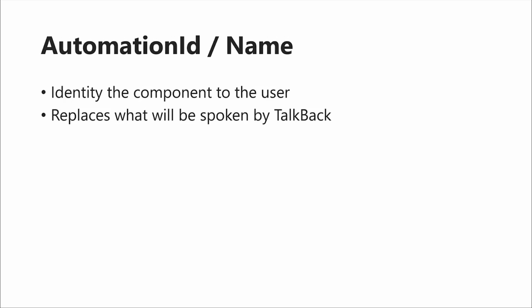By the way, if you want to do UI automation, independent of the technology you use, UI automation is done using accessibility APIs. But here we have an issue: if you put an automation ID that is not understandable by the user, like a code or something like that, in Android it will replace the text that will be spoken by TalkBack.